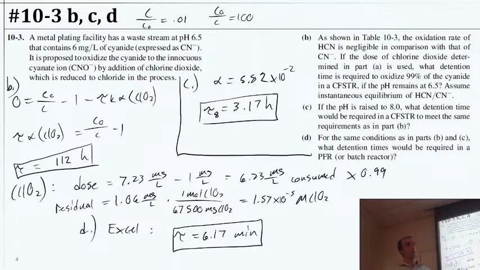Now, for a plug flow reactor, the big difference is our chlorine dioxide, the initial reaction, we're reacting with a much stronger dose of chlorine dioxide. At the very first minute, we have a minute worth of reaction where we are almost at the 7 milligram per liter dose.